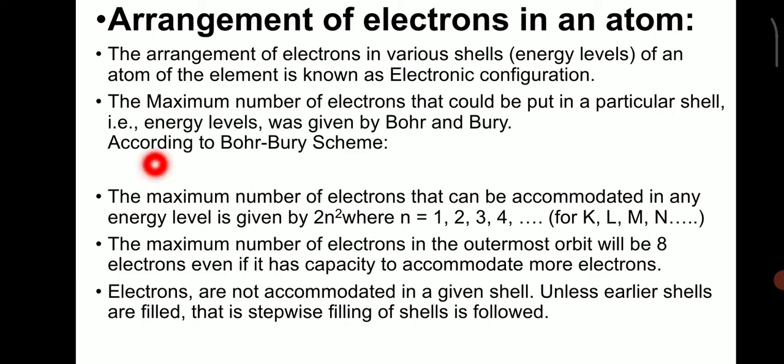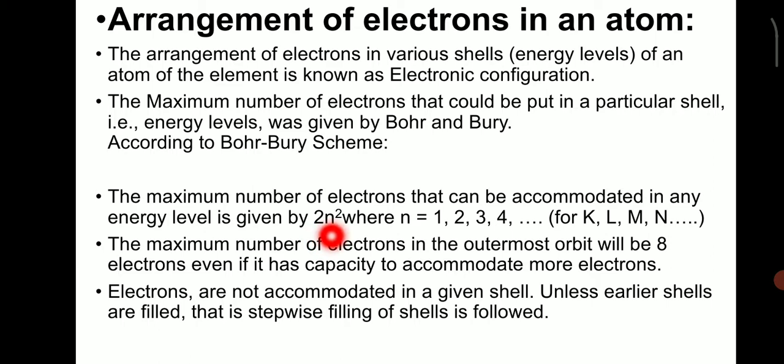So the maximum number of electrons that can be accommodated in any energy level is given by the formula 2n square, where n is the number of the shell. If it is the first shell, we substitute 1 here. If it is the second shell, we substitute 2 instead of n.